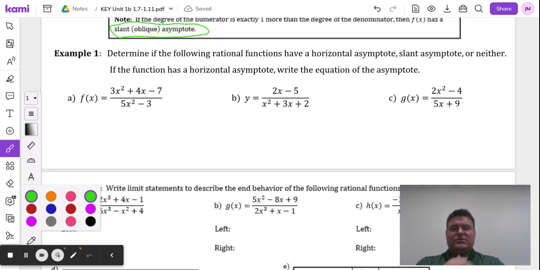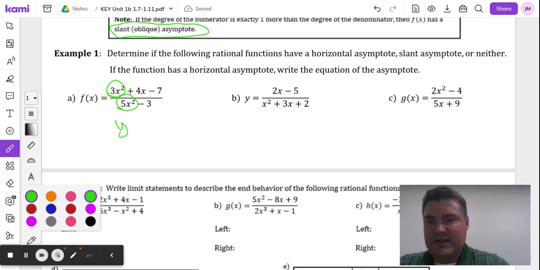Now, determine if the rational functions have a horizontal asymptote, a slant asymptote, or neither. If the function has a horizontal asymptote, write the equation of the asymptote. For A, we're looking at 3x squared as the largest on the top and 5x squared as the largest on the bottom. You can think of it as y equals 3x squared over 5x squared.